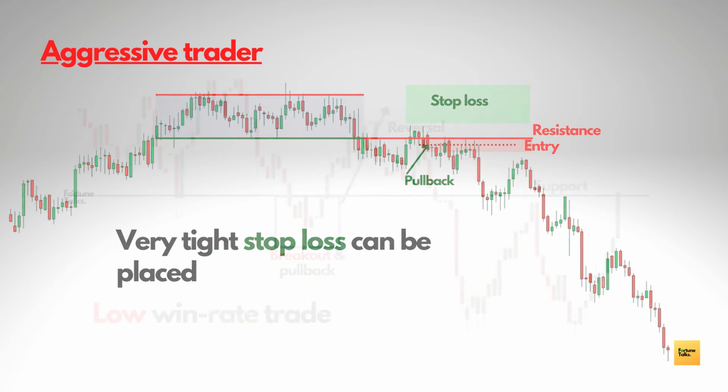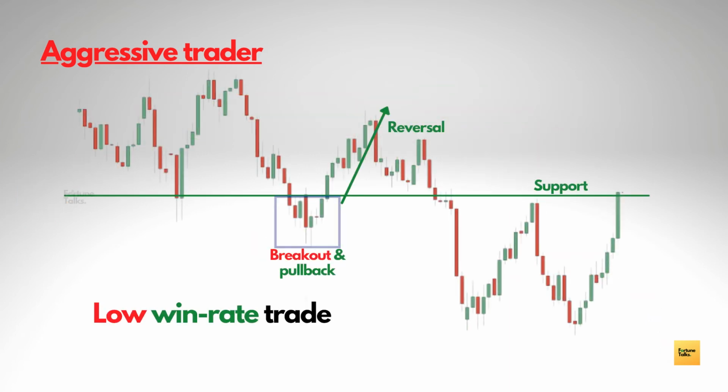But the major drawback is that you enter a trade against the price direction without any confirmation. So the price could easily go against your trade. So such an approach can therefore have a lower win rate or a lower probability of success. But the higher reward to risk ratio may offset it though. But I wouldn't go by this method.